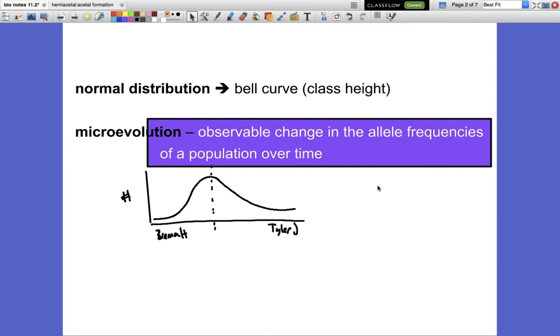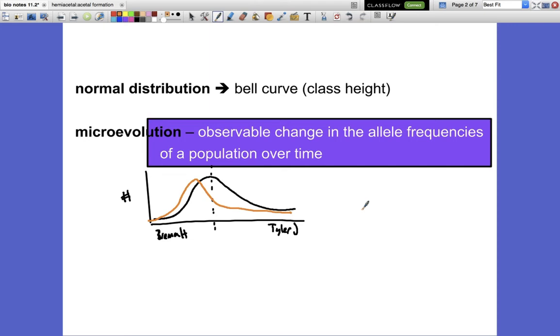Our population in general is getting taller and taller. If I was to superimpose that older population, that other generation, in here, their average height might be an inch or two shorter than our average height now. So we can tell that this population is changing over time.